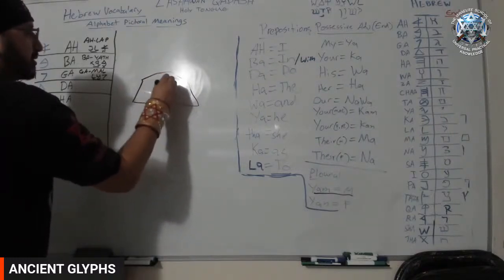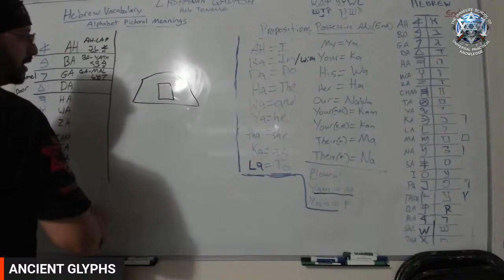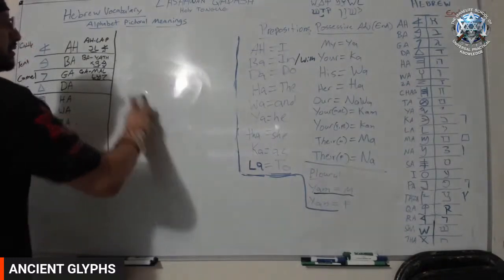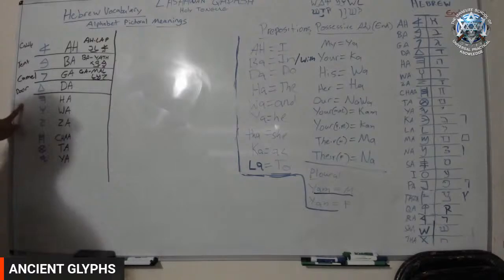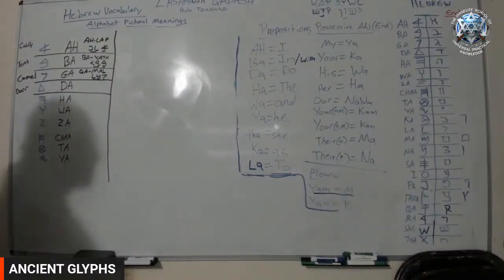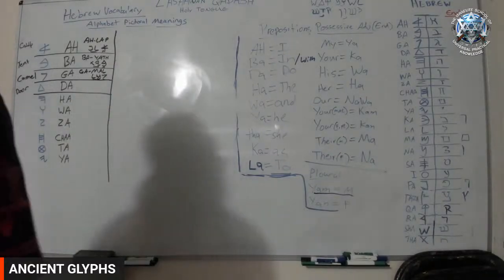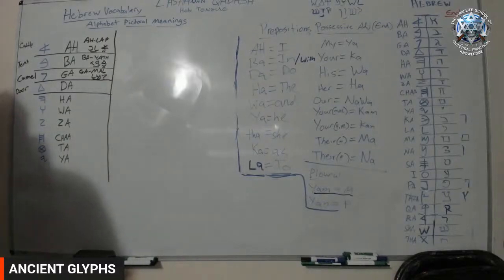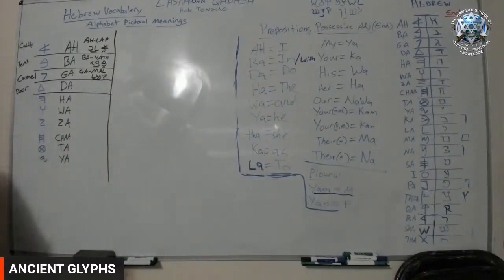Most of the time, square, but they can also be triangular, or they can have some kind of similar shape. So the door is an important part of the language as well. Okay, the door is an indication of where the opening is to the house, to the tent.